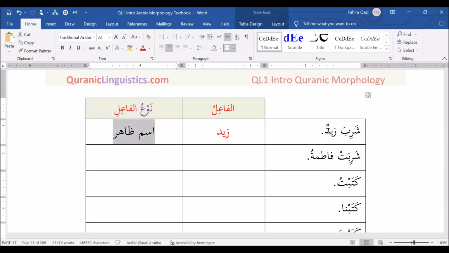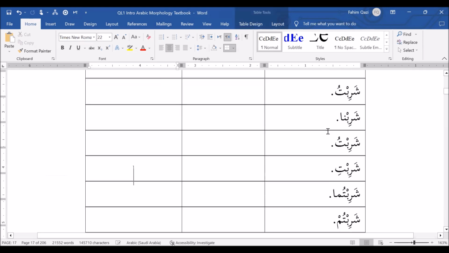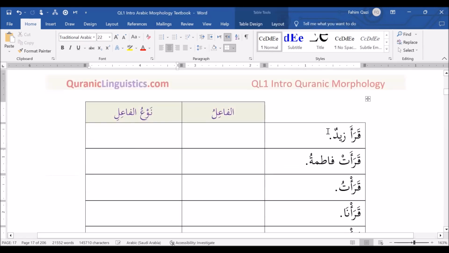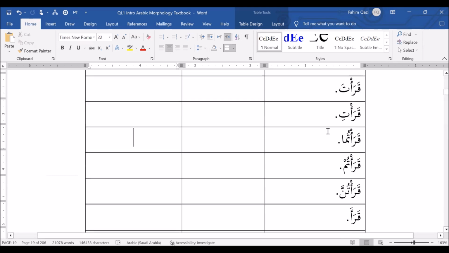Is it ismun zahirun, which is the case here? And of course, in other cases, as we have learned, the fa'il can be damir muttasil or damir mustatir. Complete this practice. This one as well. And then practice for this. Qara'a, which means to read or recite. Identify the fa'il and the naw'ul fa'il.